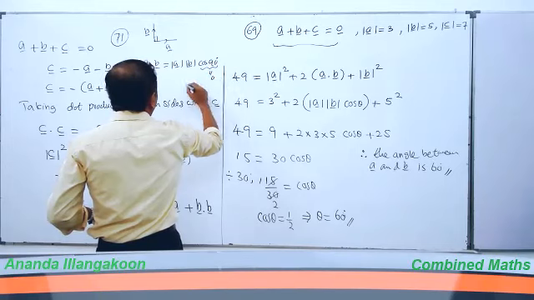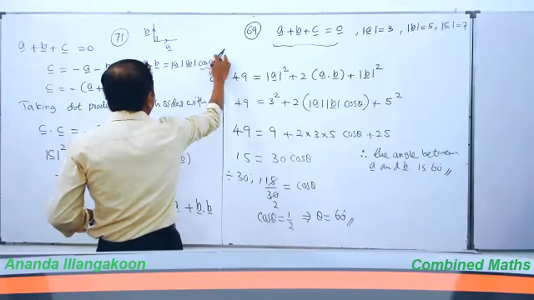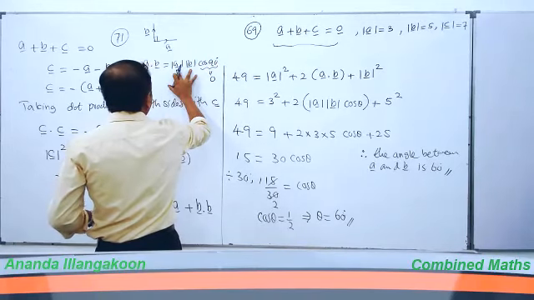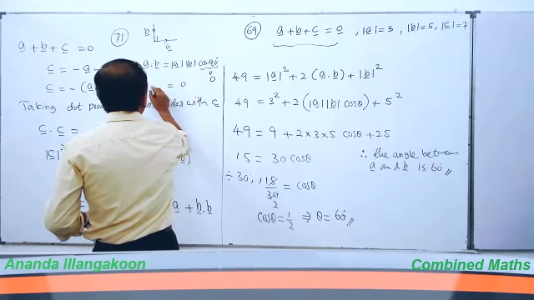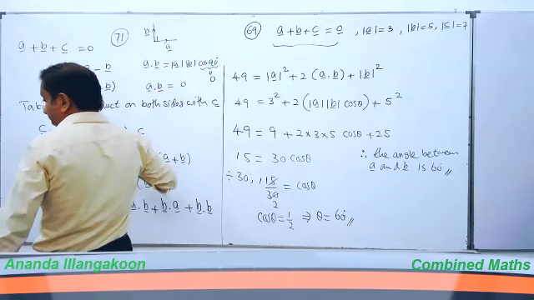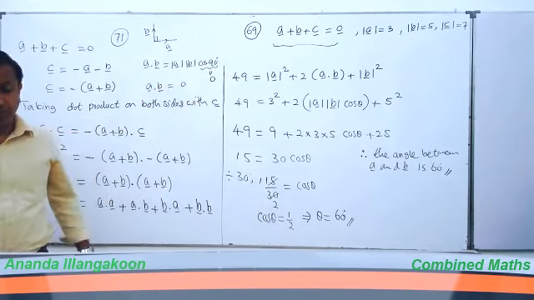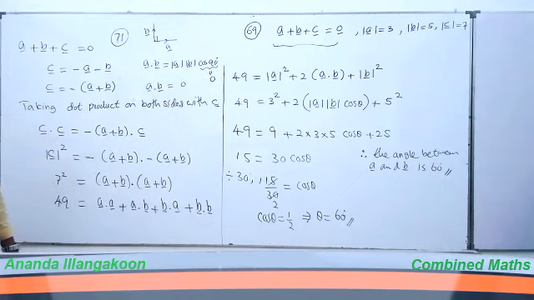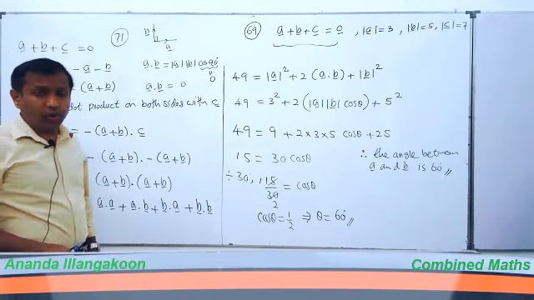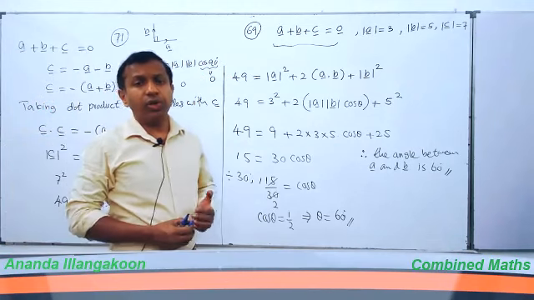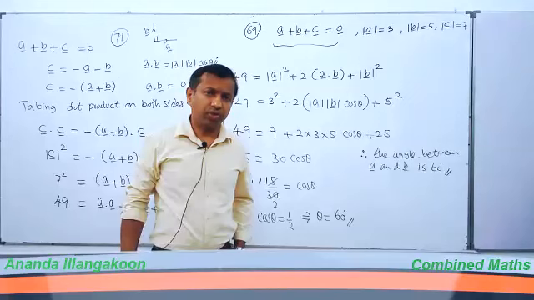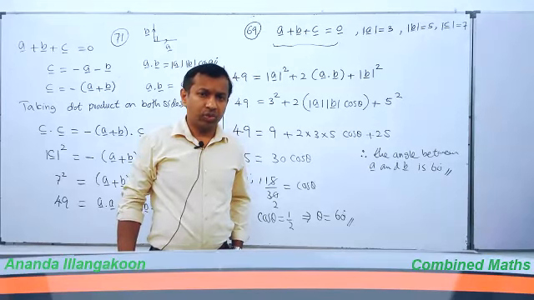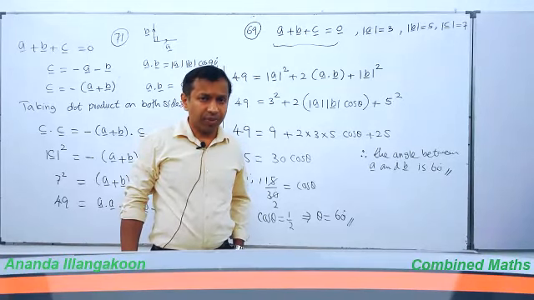Cos 90 is 0. When this is 0, whatever mod A and mod B are, when you multiply with this 0, the right hand side is 0. When two vectors are perpendicular to each other, the dot product of those two vectors is 0.